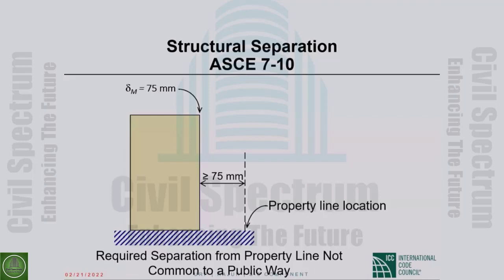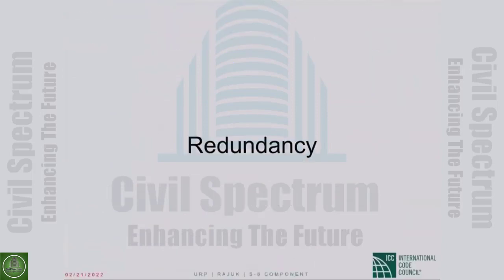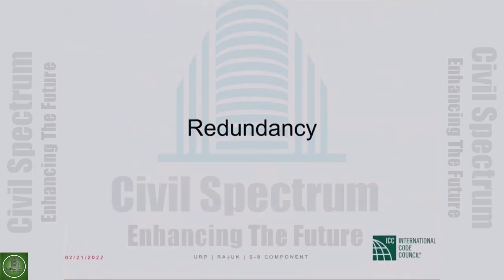The answer is yes, because if the two buildings belong to the same owner, our sole preoccupation is to avoid damaging contact. If the buildings belong to different owners, then what we are trying to prevent is my building deflecting onto somebody else's property. So what ASCE 7 requires is entirely logical.